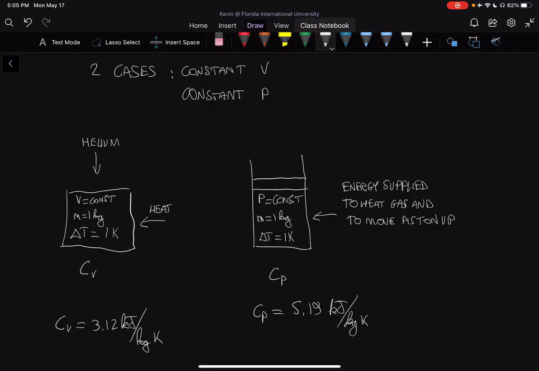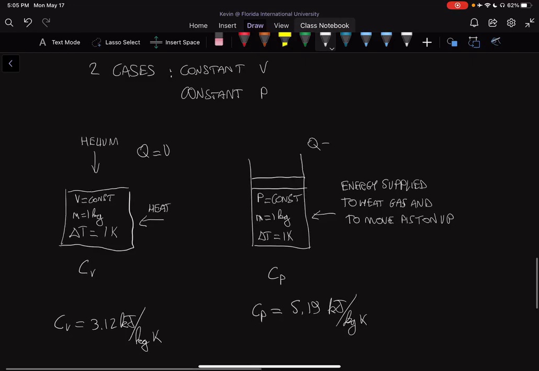Essentially, on the left side, Q is equal to the change in U. On the right side, Q is equal to the change in H, which is U, the internal energy, plus PV. And if you remember, this is H essentially. So the amount differs by the fact that we had to move the piston as well. I want that to be very clear.